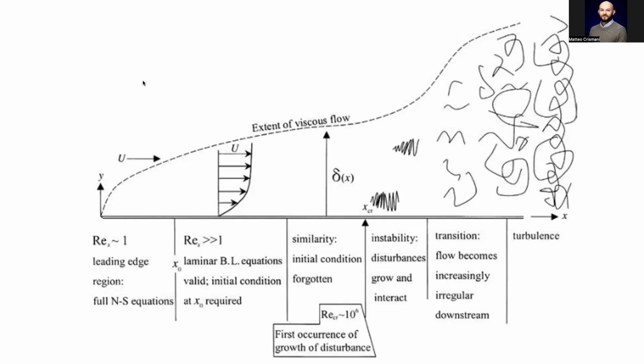Because the viscous terms are really good early on at taking flow and just having them sort of diffuse out into the flow, right? At this point here, you have this similarity region where the initial conditions are basically forgotten. Doesn't really matter what you started with. You're going to end up very similarly.